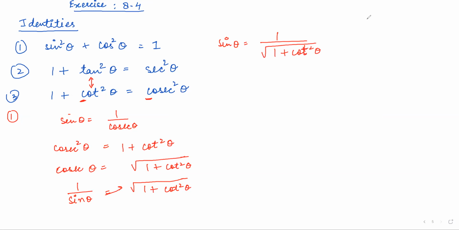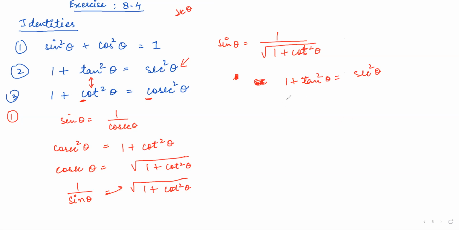Now you have to express sec theta also, right? Sec theta in terms of cot theta. So you use the second identity. If I want to find sec theta, I have this identity that 1 plus tan square theta is equal to sec square theta, correct?